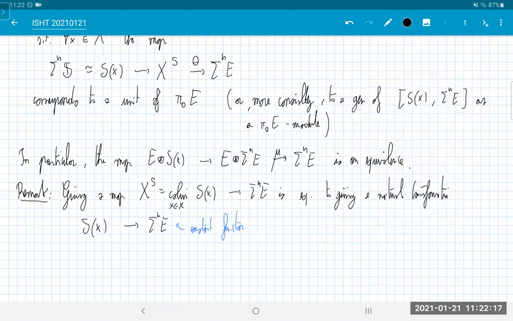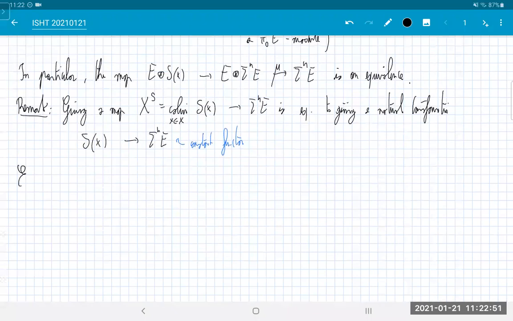And often we will think in these terms of a natural transformation from S_x to sigma^n E, such that that product map is an equivalence. Okay, let me give you examples.